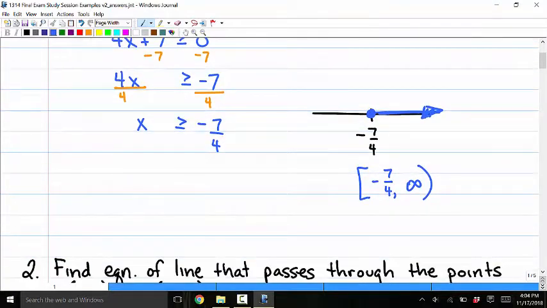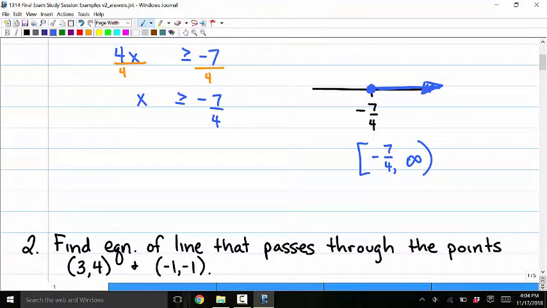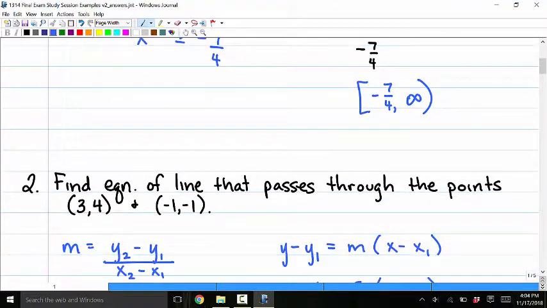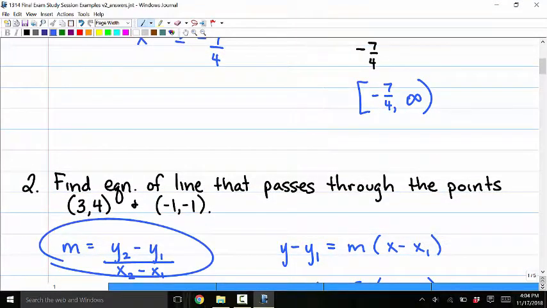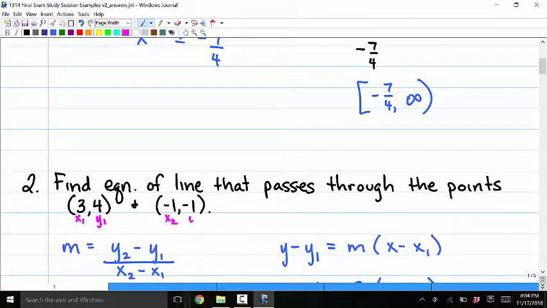For number 2, find the equation of the line that passes through the points (3, 4) and (negative 1, negative 1). First thing I need to do is find the slope. Here's the slope formula, y2 minus y1 over x2 minus x1. I'm going to let this be x1 and this be y1, this be x2 and y2.